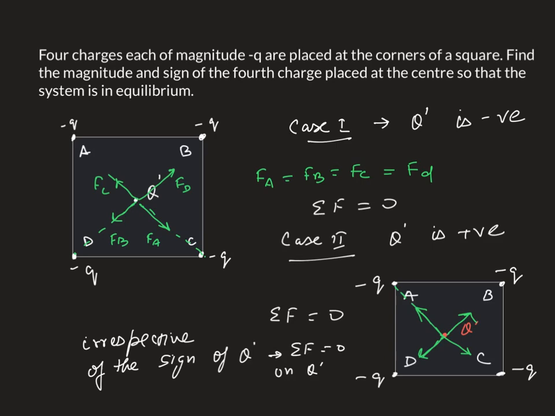Now if you want to discuss other charges, like the charges placed at the corner, we will have to change page and understand the situation. So this is a square, and again you have 4 charges A, B, C and D. And of course there is Q dash.